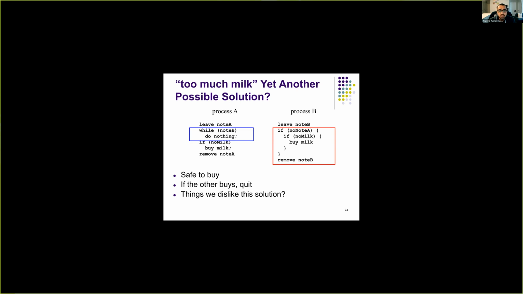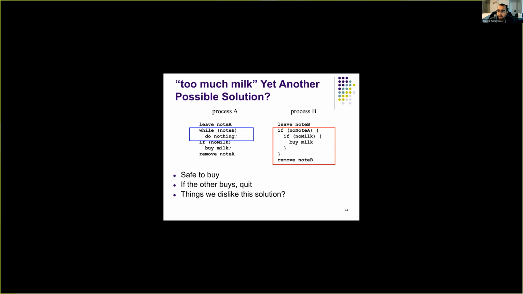Here, after leaving note A, process A waits until note B is not set. If note B is set, it will do nothing and wait till note B is not set. And when note B is not set, then it will check for the milk.